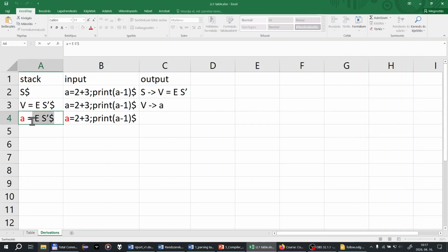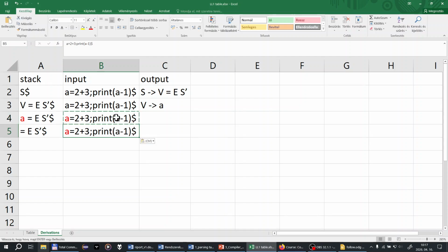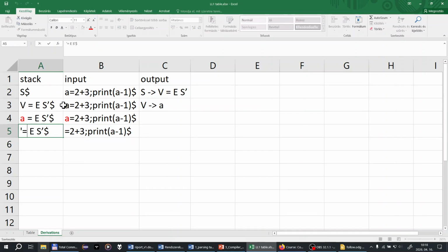And what remains is equal to, and the same here. And in this case, we have the same symbol at the beginning again. So we're just going to eliminate it.